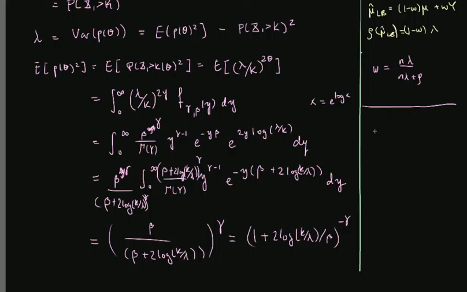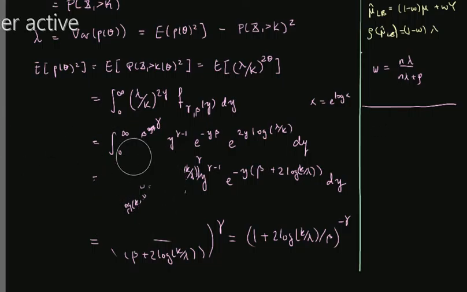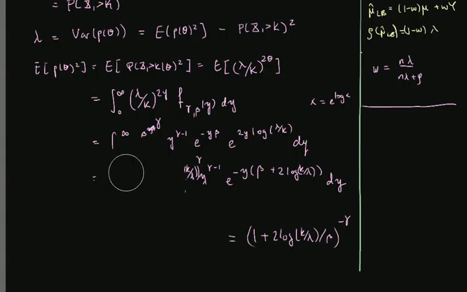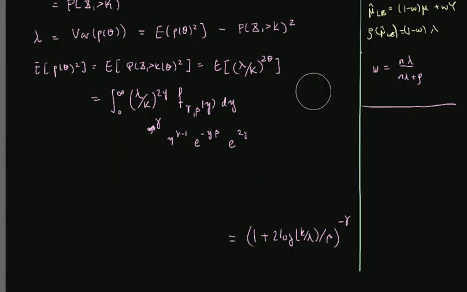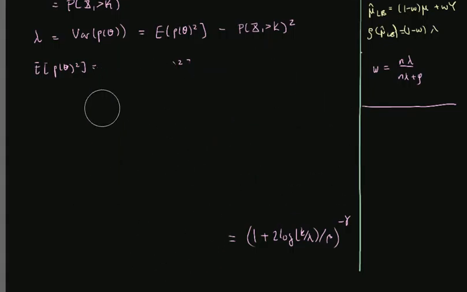The second moment of p of theta is equal to, I'll just remove all of this because then we can have an overview in a second. The second moment is equal to 1 plus 2 log k over lambda divided by beta to the minus gamma.